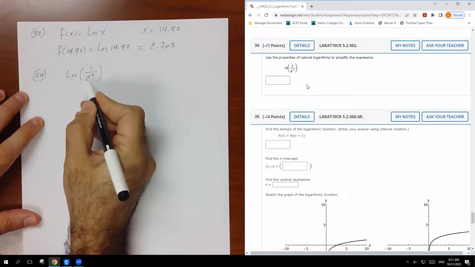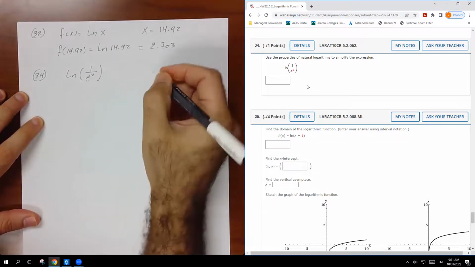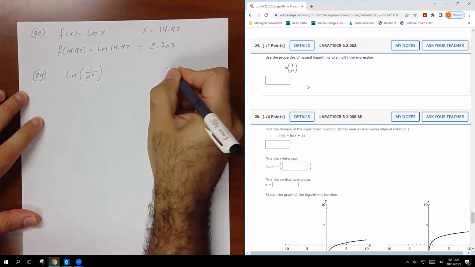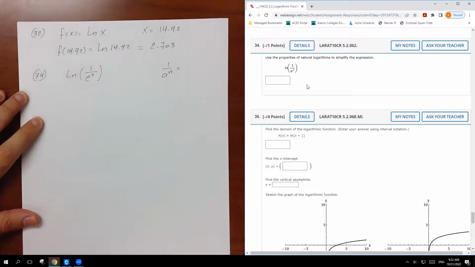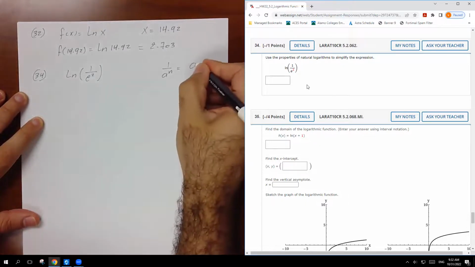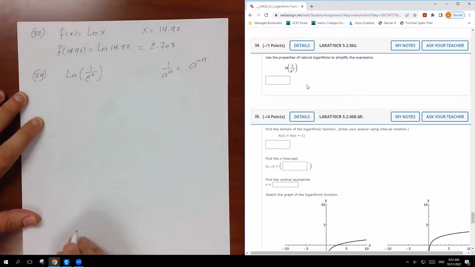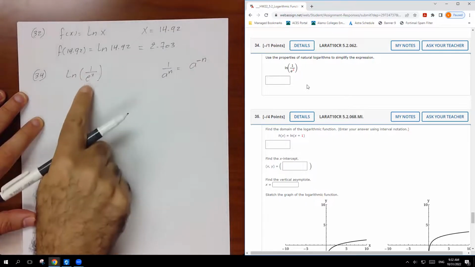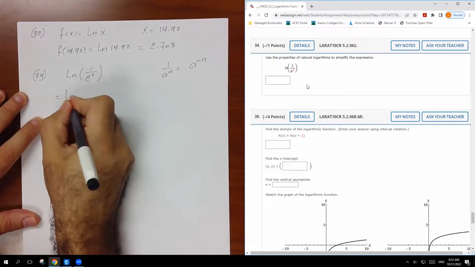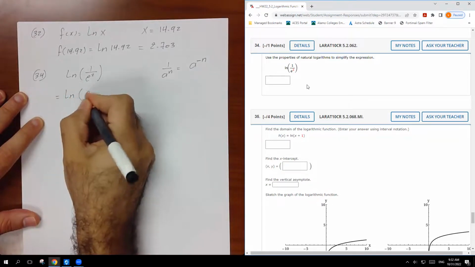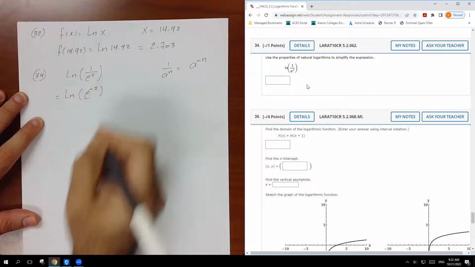What I'm going to do first, we have an exponent rule. If you have 1 over a number with positive exponents, you can write it down as a number with negative exponents. So I can write this one as ln of e to the negative 2.